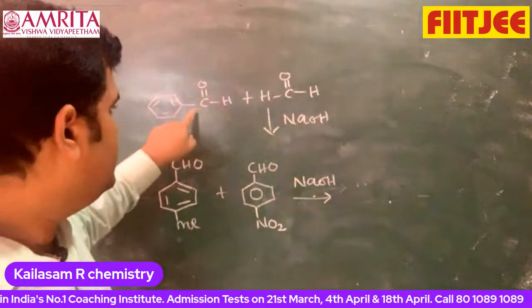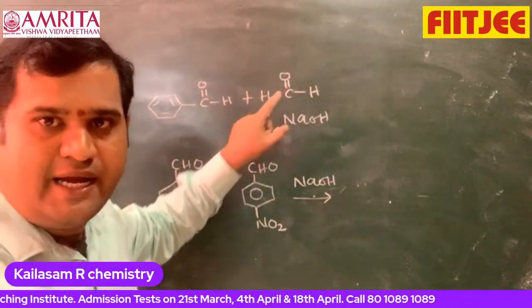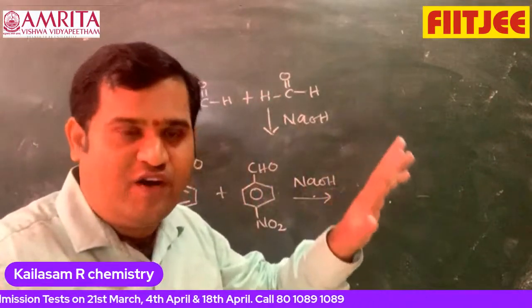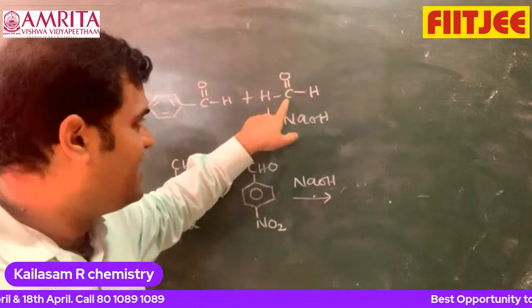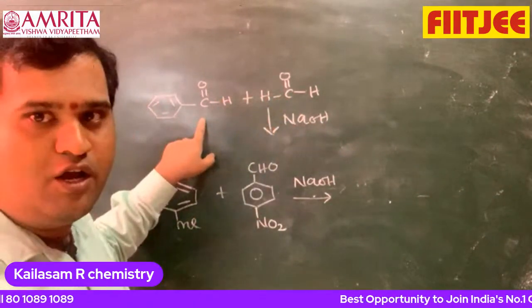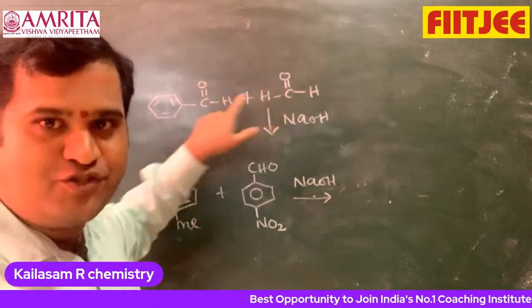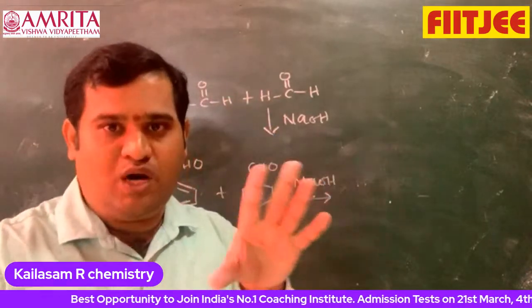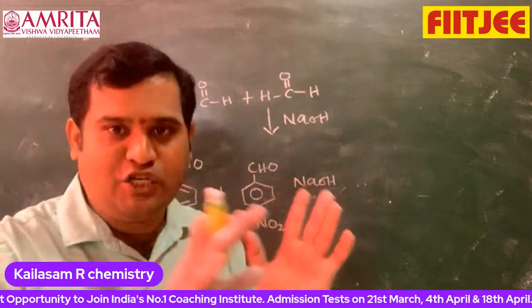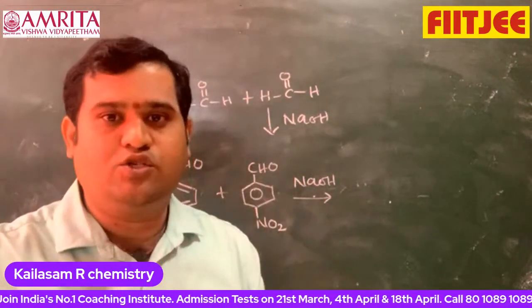You tell me, this is benzaldehyde, this is formaldehyde. Tell me which will undergo nucleophilic addition faster? HCHO. Therefore, in the first step the OH minus attacks here. Therefore, hydride transfer takes place from this molecule to this molecule. Therefore, this is oxidized, this is reduced. So whenever they use formaldehyde as one of the reactants in the Cannizzaro reaction, you are always going to get sodium formate.